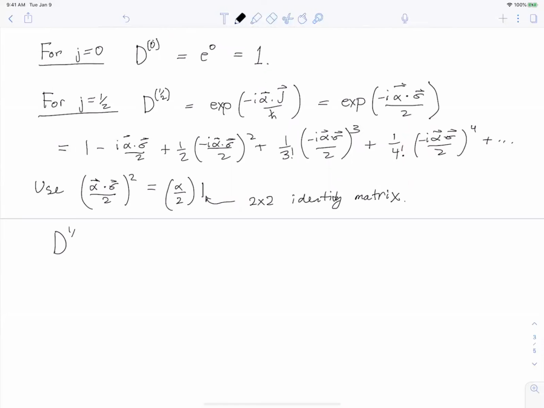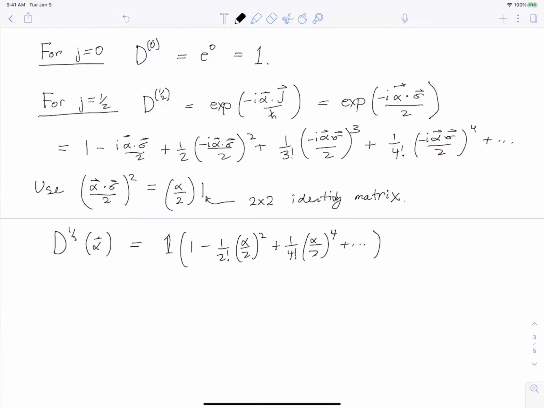Okay, and so when we add this all up, D of 1/2 as a function of alpha, there are going to be 2 sorts of terms. There are going to be ones proportional to the 2 by 2 identity matrix. And what goes here is 1 minus 1 over 2 factorial alpha over 2 squared plus 1 over 4 factorial alpha over 2 to the 4th, plus basically all the even terms in the series.